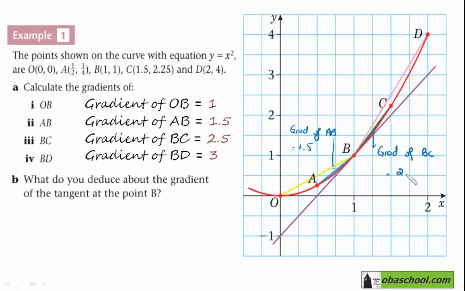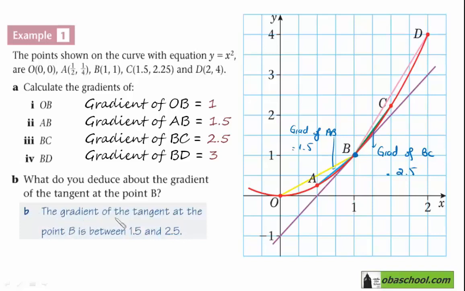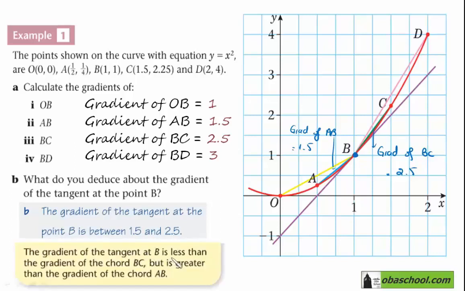Therefore, the gradient of the tangent at the point B is between 1.5 and 2.5. The gradient of the tangent at B is less than the gradient of the chord BC, but greater than the gradient of the chord AB, as it is in between. That's why we are saying it is in between.